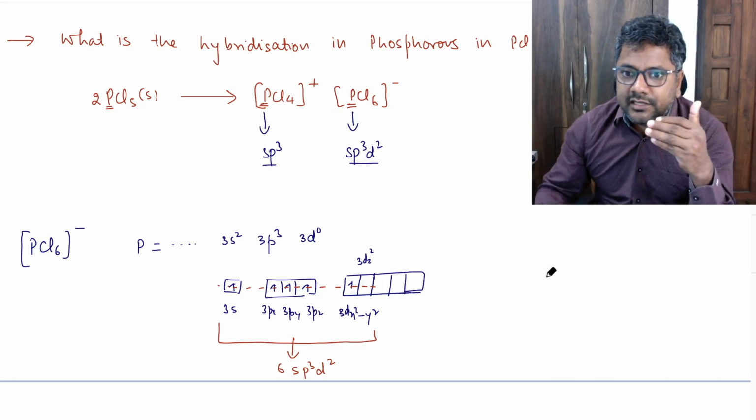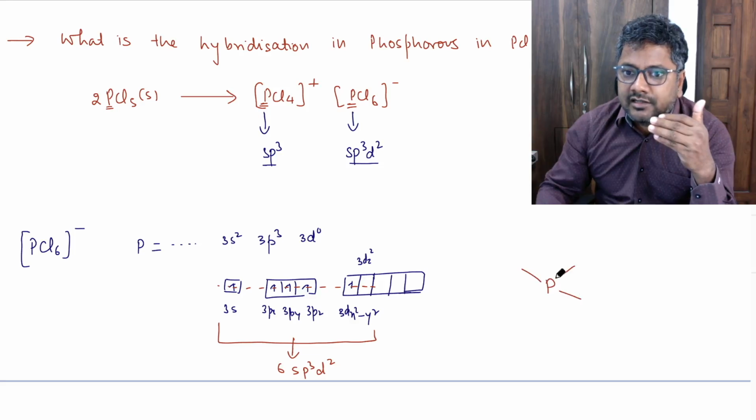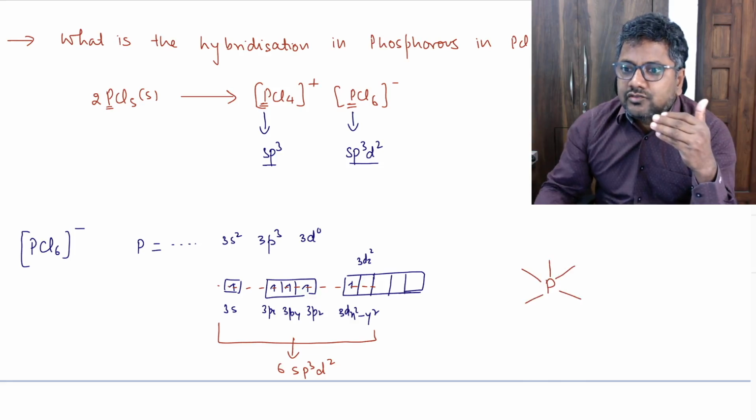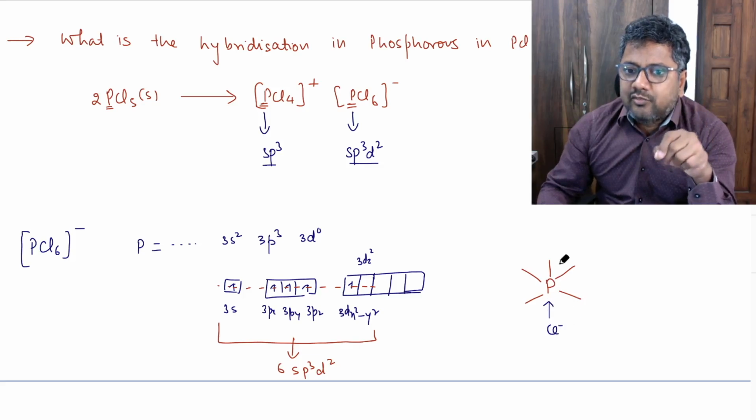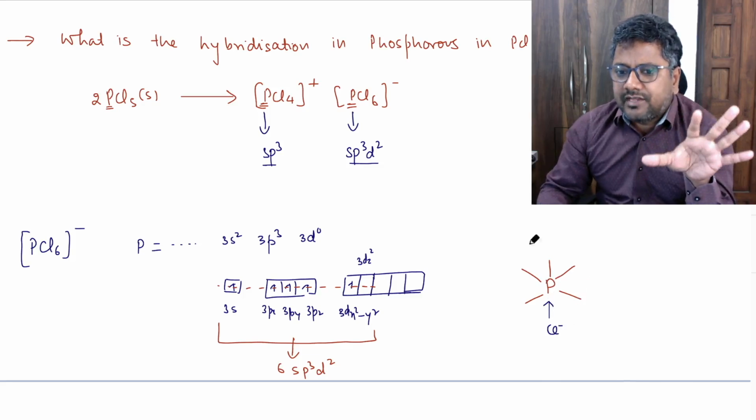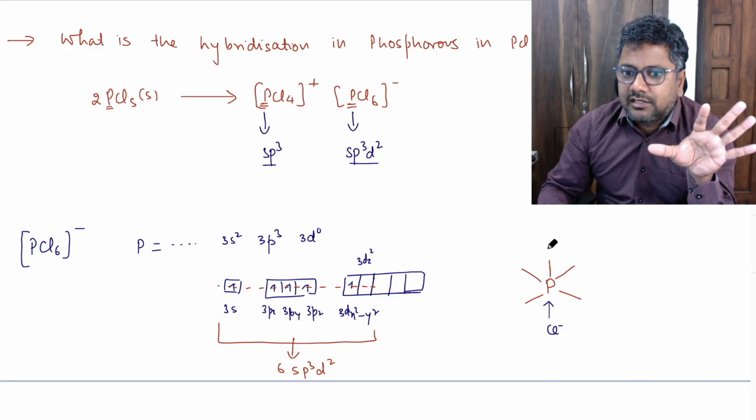So if we try to represent here, see, this is octahedral. One bond is different from the other bonds, in that this Cl minus is providing both the electrons, although there is no difference once they are formed, but see the difference in its explanation.